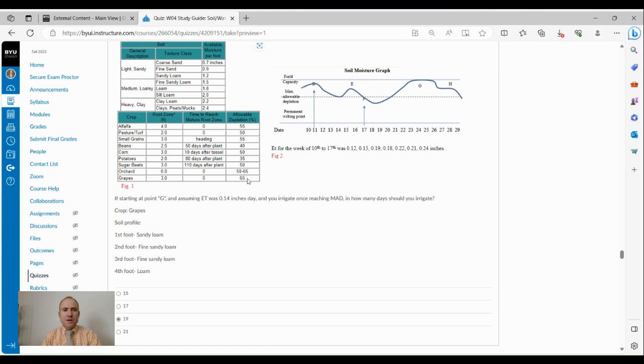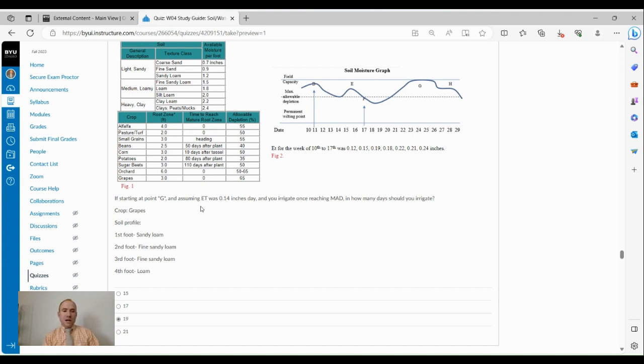Now let's figure out where we're starting. We're starting at point G on the soil moisture graph, and that happens to be field capacity. So this is great. We know we can use 2.73 inches before we hit our maximum allowable depletion. The next thing is to figure out how long that 2.73 inches is going to last.